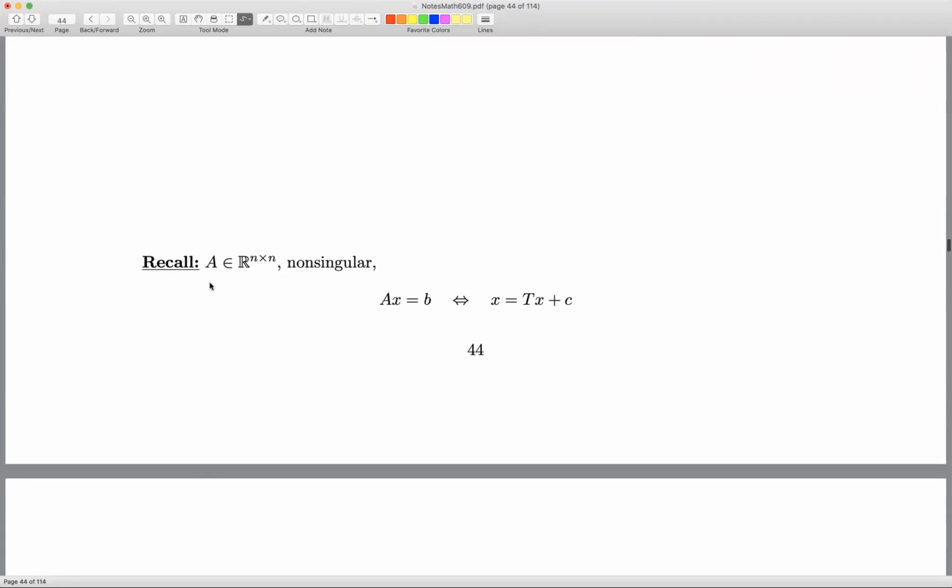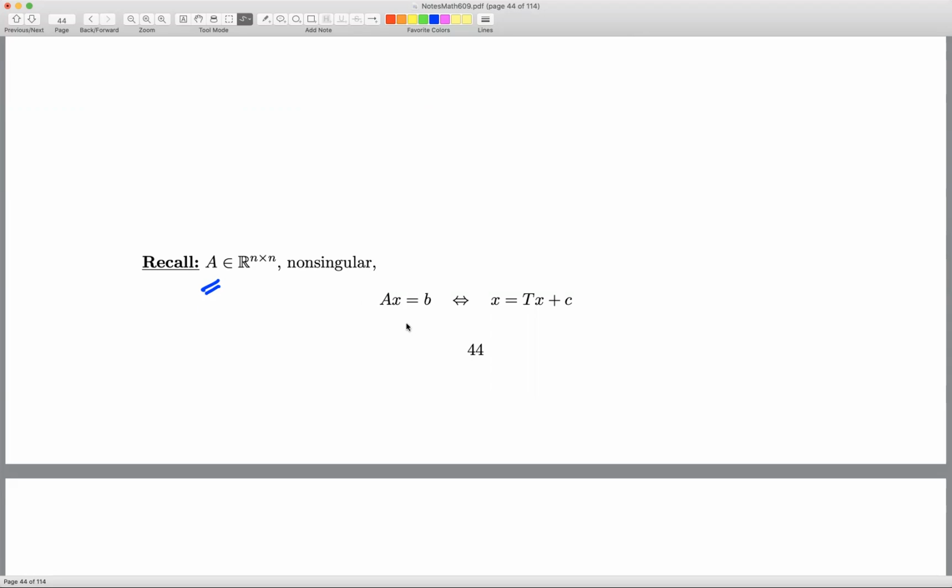We have a matrix A, a square matrix of dimension n. It is non-singular, and we consider the system Ax = b, where b is the right-hand side, which is a vector in R^n.